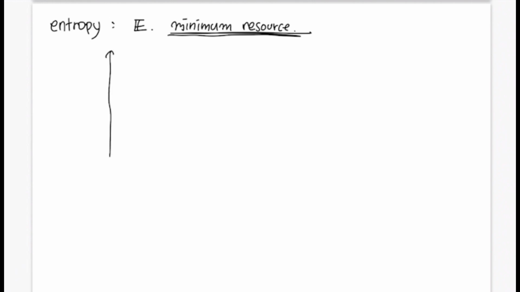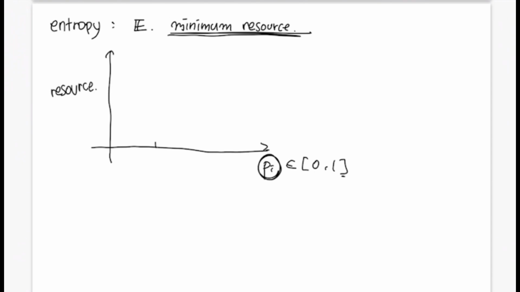So if you have a plot like this, where p_i is a probability of appearance, which is in a range of 0 and 1, and let's say the y-axis is the amount of resource, and here the axis is p_i. Then we can use the minus log function to calculate entropy.